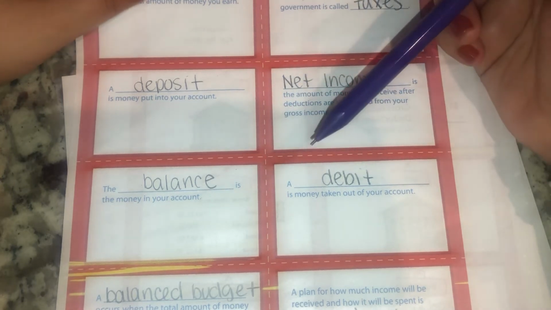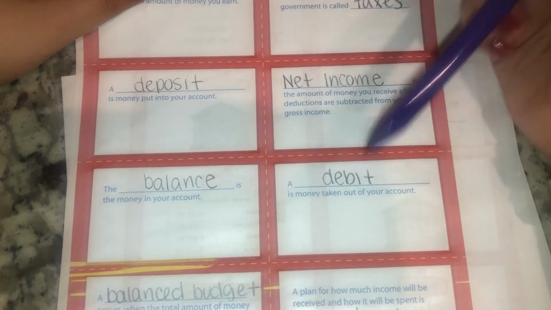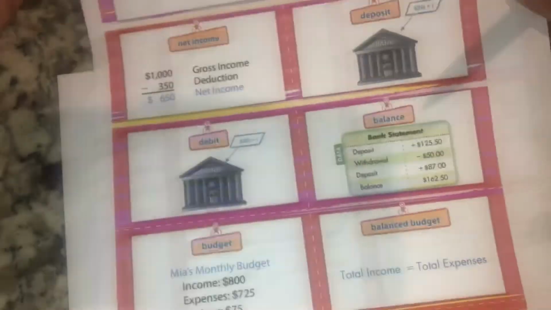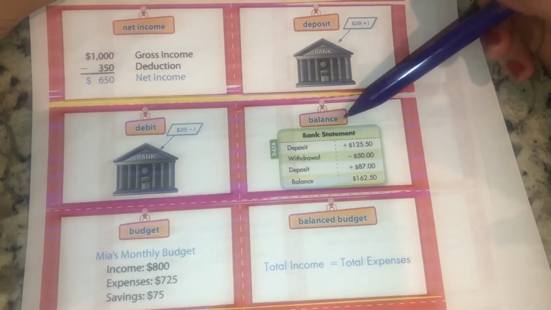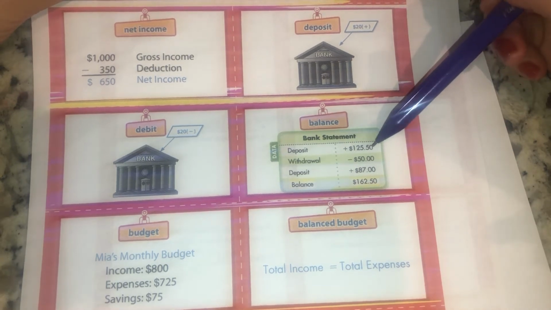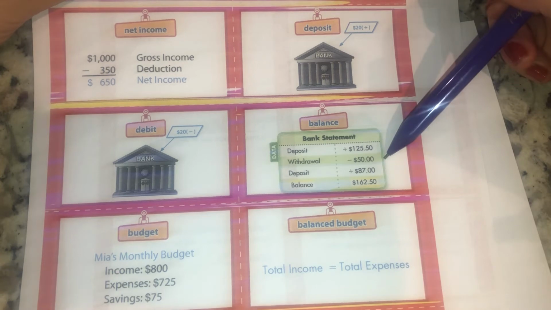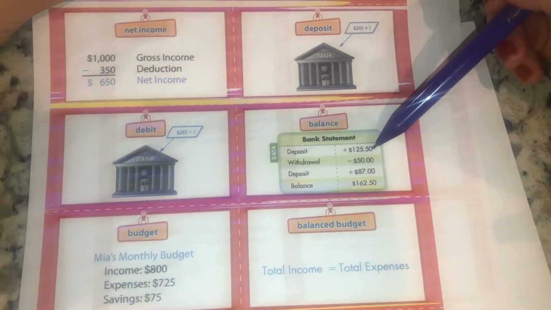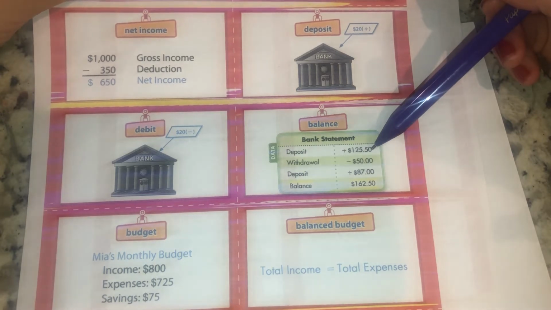So when you do need to use your money, that's called a debit. A debit is the money that is taken out of your account. So for example, let's say that you have $125.50 that you get paid from somebody that you work for. They put this money in your account. That's called a deposit. But let's say that I need to pay my babysitter to take care of my kids.